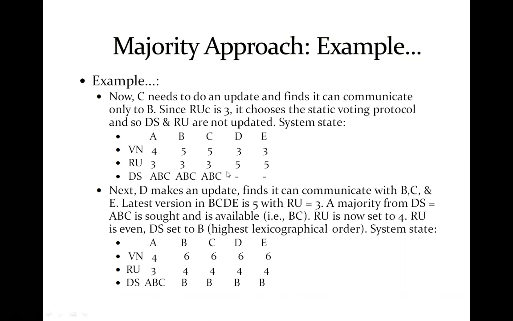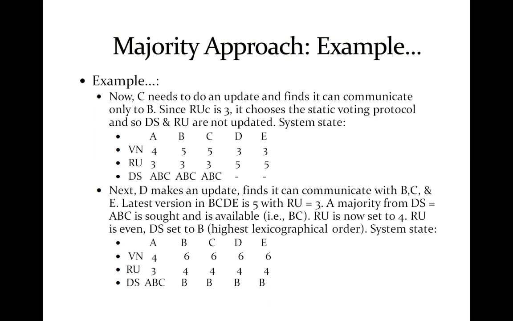So the protocol is going to choose the static voting protocol, because the static voting protocol is to be used when the number of replicas is 3, as per the protocol given by the author.